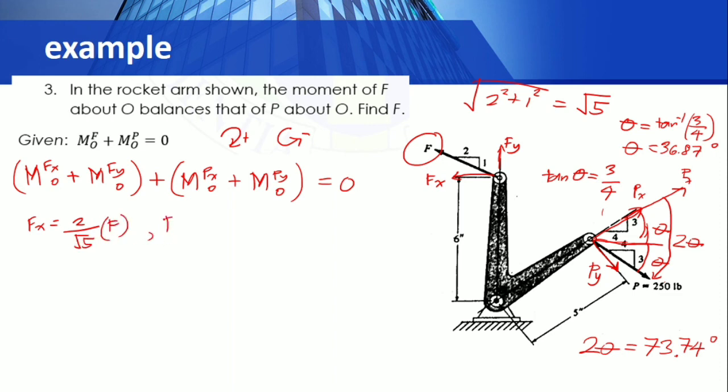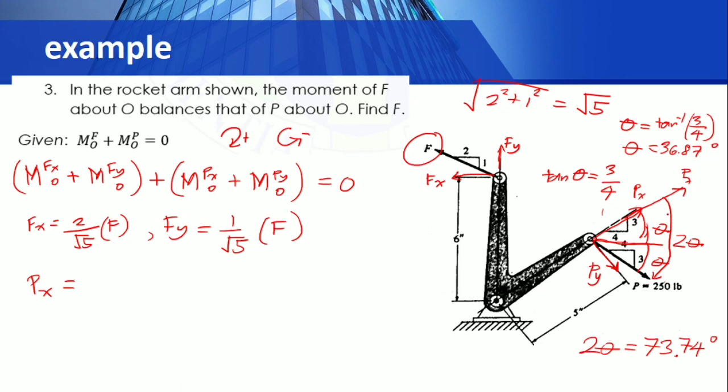And then, yung f of y natin, that will be equal to 1 over square root of 5 times yung force F natin. And then, yung px naman natin, gagamitin natin is yung angle 2 theta natin.